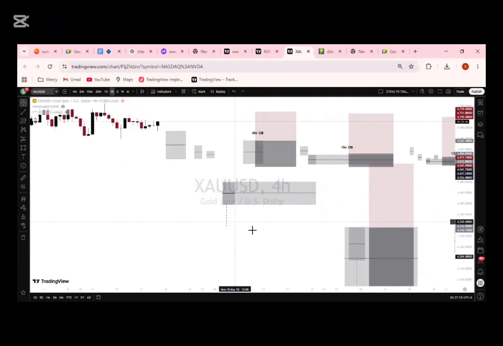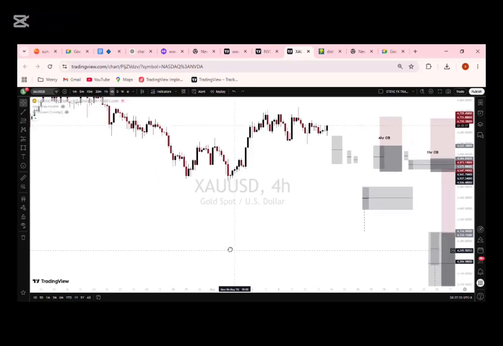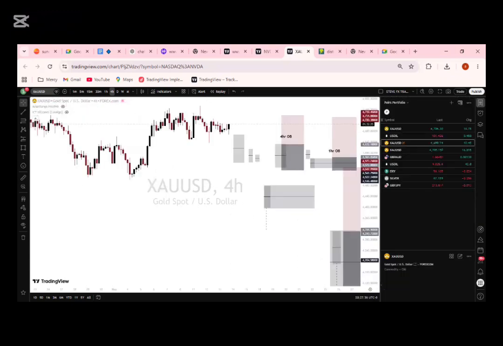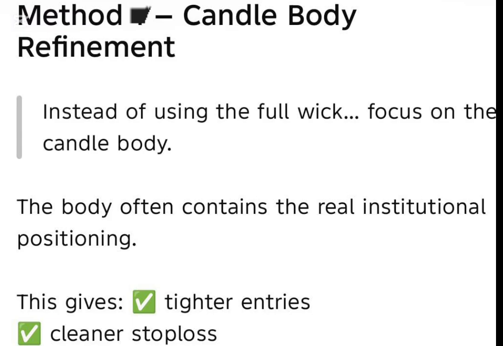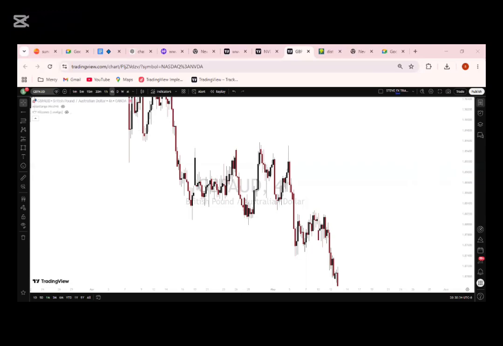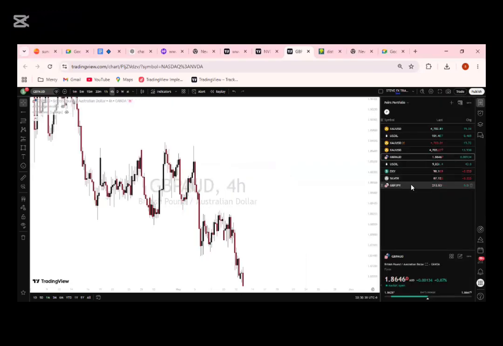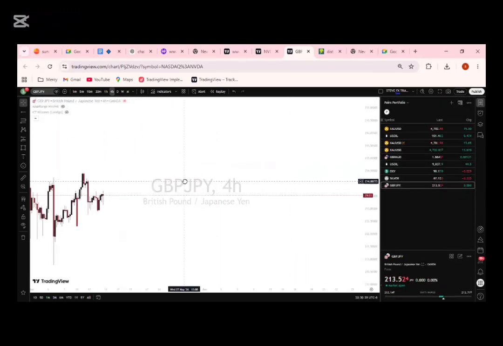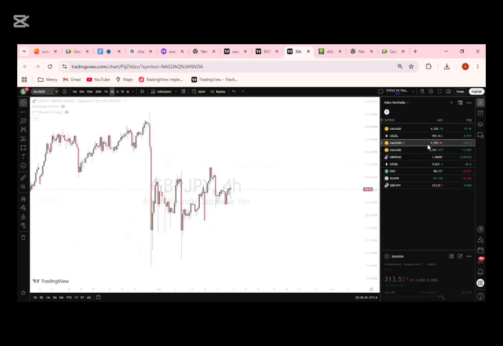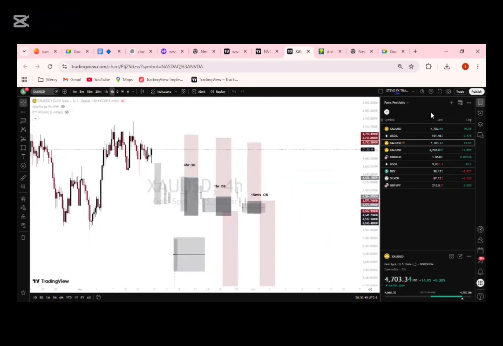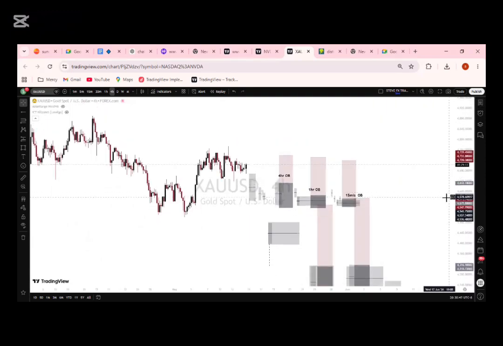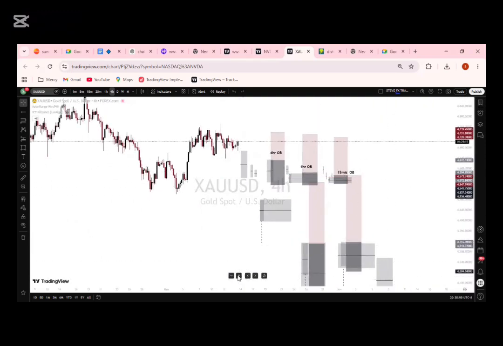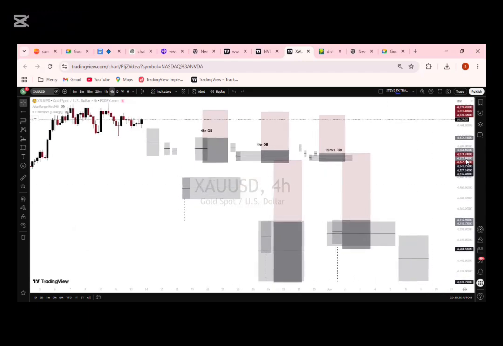Now let's try to identify it from the live market. So when we come to the live market, that is it when it comes to refining your order block using the two methods of order block refinement.